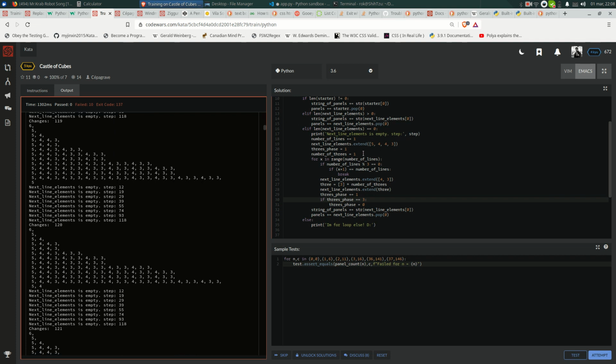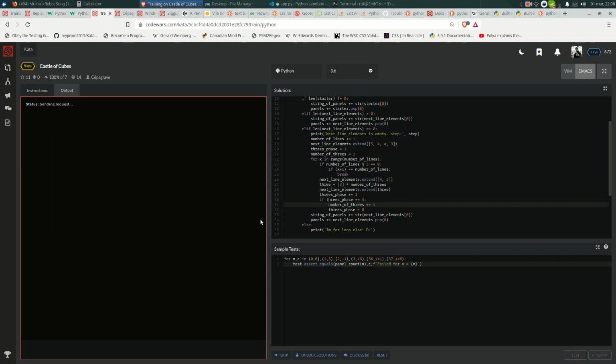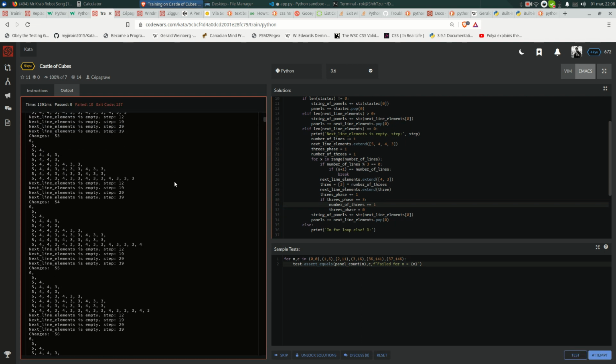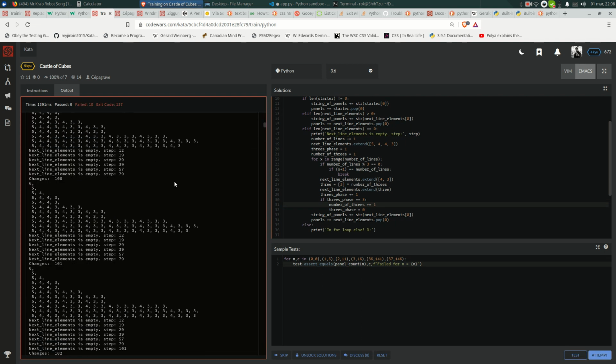Number of threes is 1. If threes face is 3, say number of threes plus equals 1. Okay, we got 1, 2, 2, 3, 3.